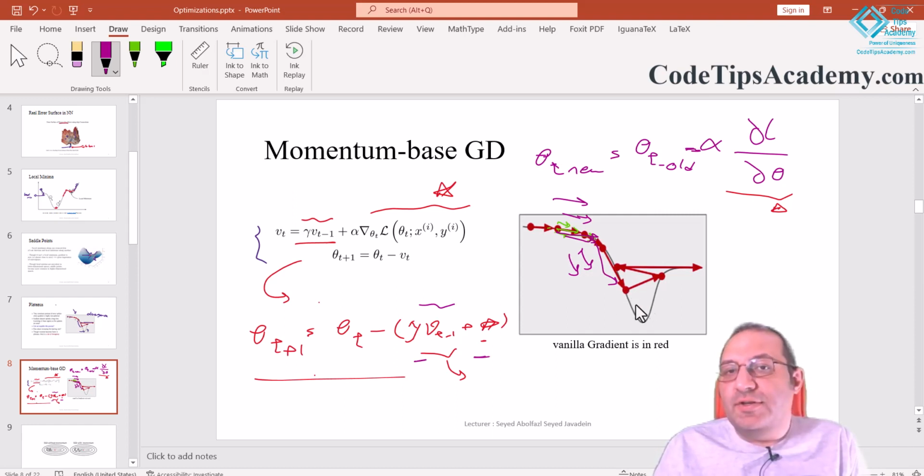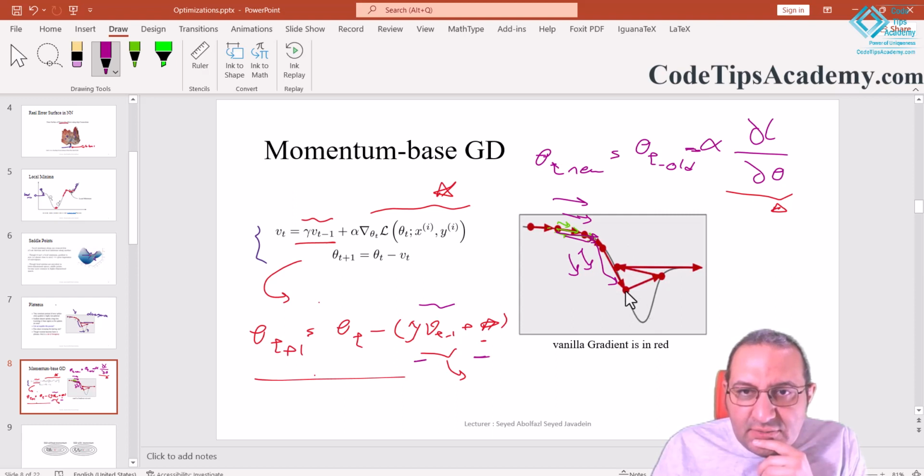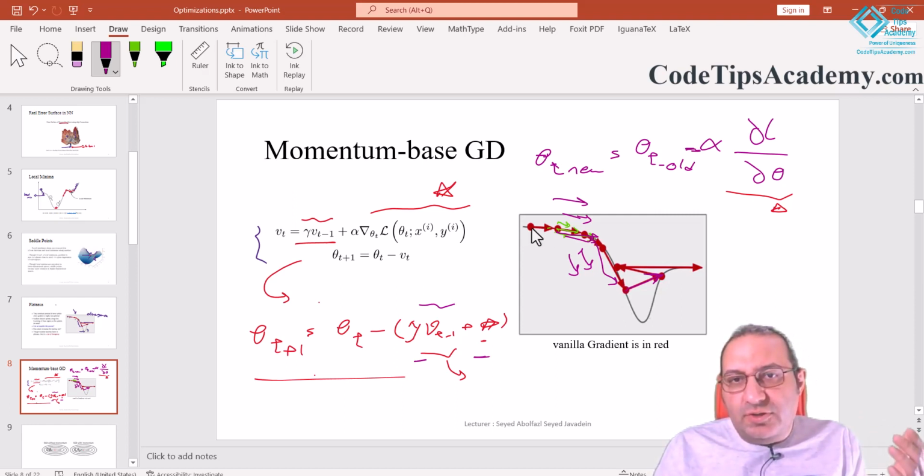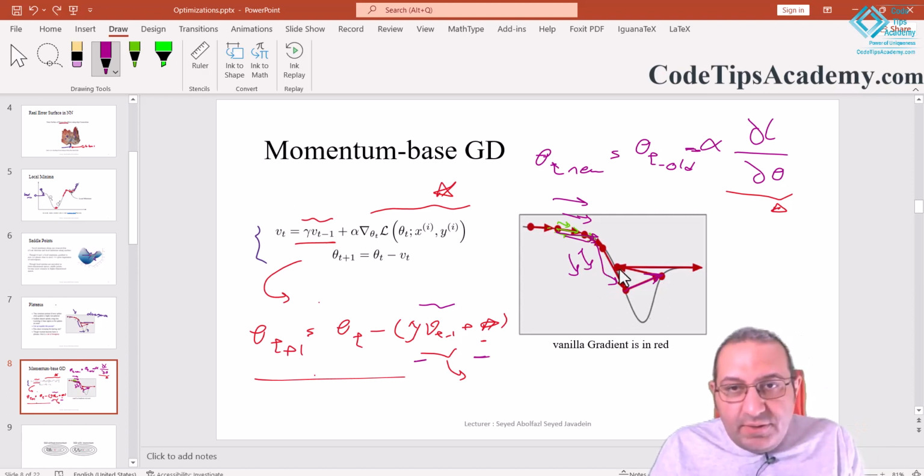But what do we have here? This is a good question. Here we have this gradient function, but the direction that we went from this point to this point is this. Until here we go in this direction. This is the direction that we are going, and this is the direction of the gradient.